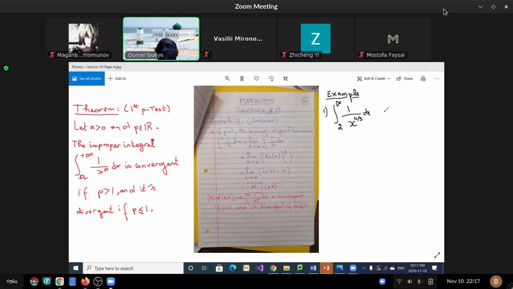So what do you guys think? Is it convergent or divergent? Convergent. Convergent because p equals 4 by 3. So we have this condition satisfied here. P equals 4 by 3 and it's greater than 1.